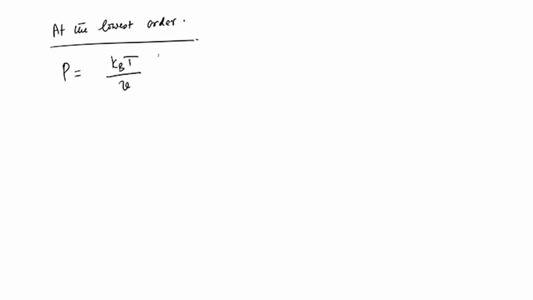So, at this level, at the lowest order, lowest order means it is not the lowest, but the lowest one did not give any correction. So, this is equal to P equal to kT over V and 1 plus 2 pi r0 cubed by 3V.